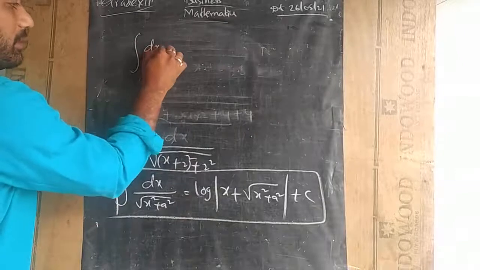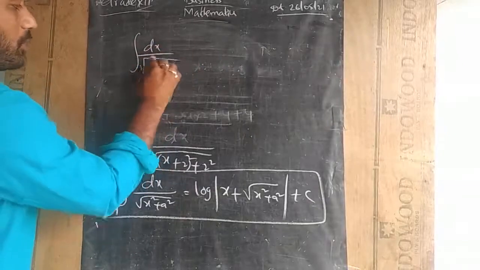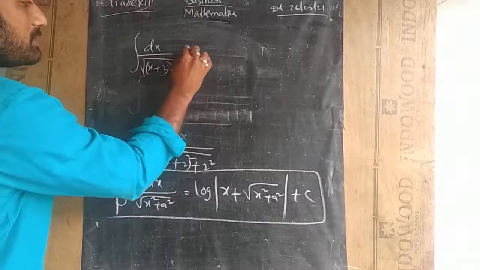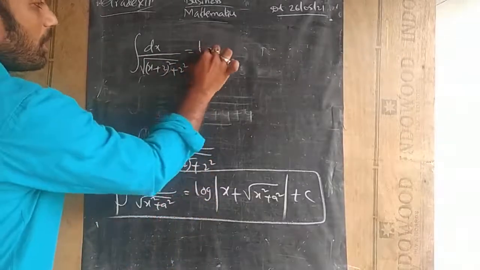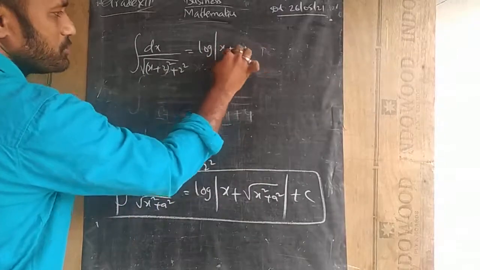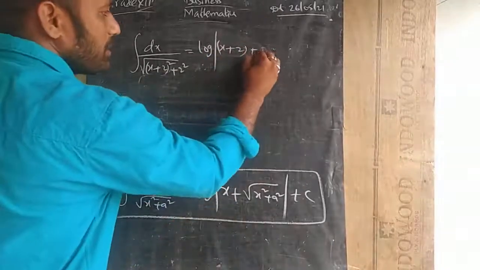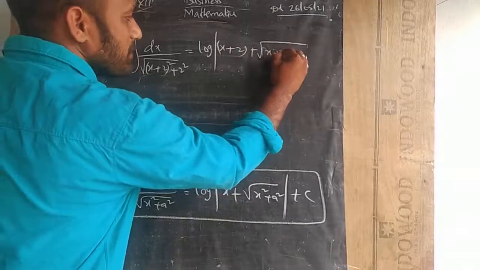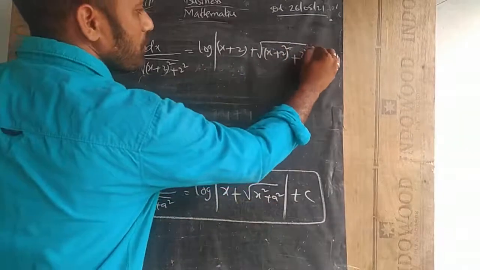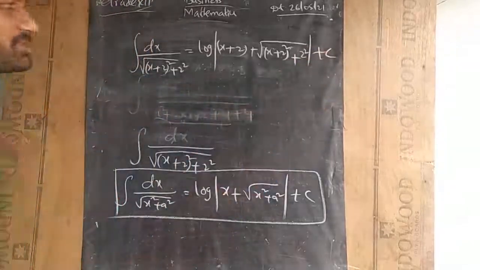Integral dx by root of (x plus 2) whole square plus 2 square is equal to log of, in place of x, x plus 2, plus root of (x plus 2) whole square plus a square, which is 2 square, plus c. This will be the final answer.